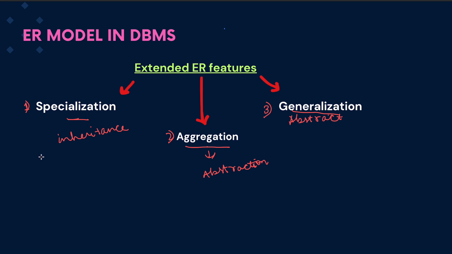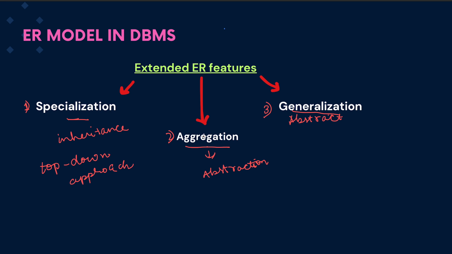So the person entity all alone may have many attributes. So we subgroup the person entity into different entities, such as customer, employee, student, so that the attributes are not overburdened on the person, and also customer, employee, student may have their distinctive attributes. That is called specialization. In this we do a top-down approach, and it follows the concept of inheritance.